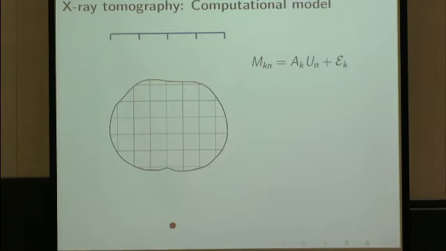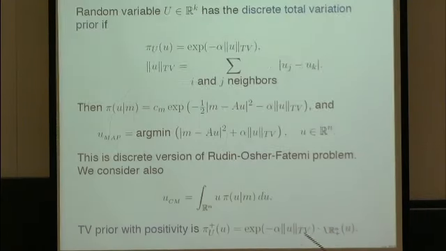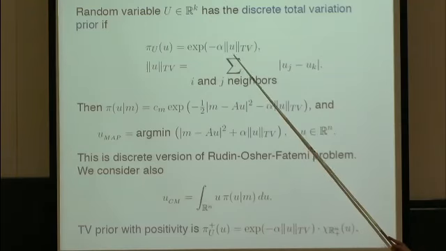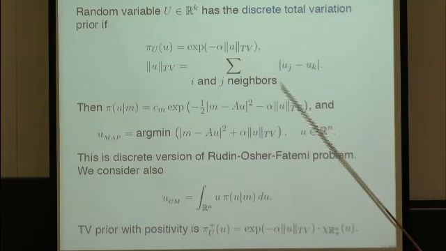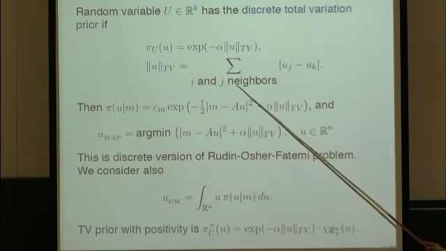So what type of approach did we use? For these pixel values, we chose the total variation prior, or discrete total variation prior, which means that the a priori probability for values u is e to the power minus some constant alpha times the sum of total variation of the picture.